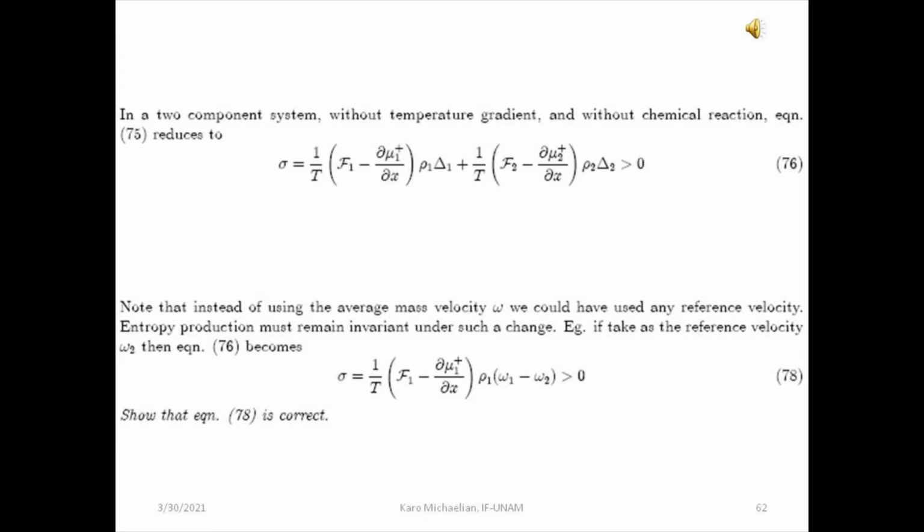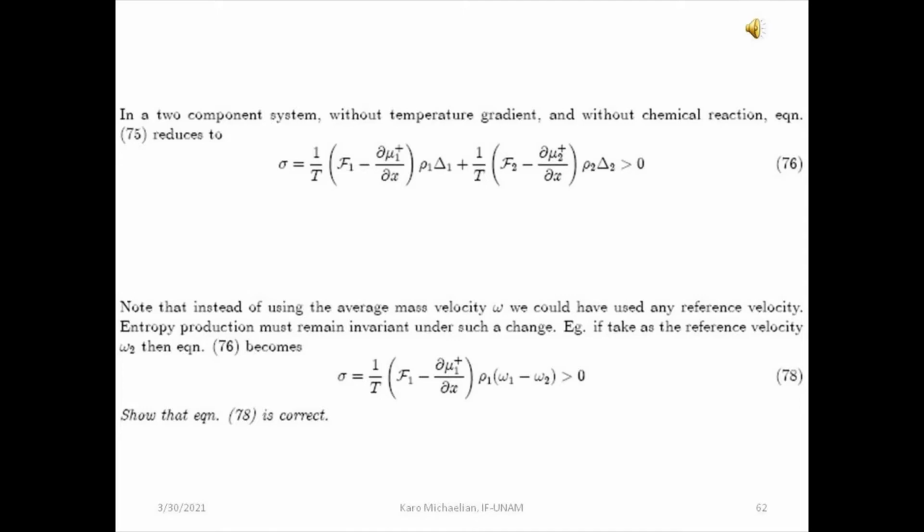And we would have a different force, F1, for component 1, and F2 for component 2, because they could have different charge, for example, if it was the force due to an electrical potential over the system. But we assume that we have no temperature gradient, so we have no flow of heat in the system, and that we also do not have any chemical reactions occurring within the system.